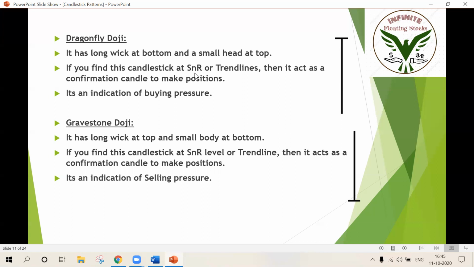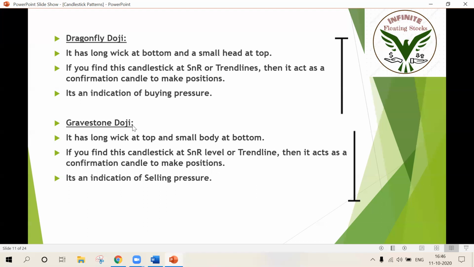If you find this candlestick pattern at support, resistance, or trend lines, then it can act as a confirmation candle to make positions, and it's an indication of buying pressure. Like I told, the opening and closing are at the top. It's moving towards the top, so that indicates buying pressure.